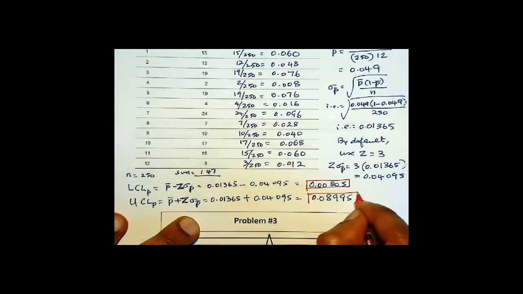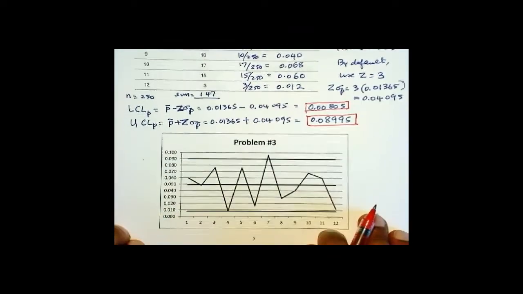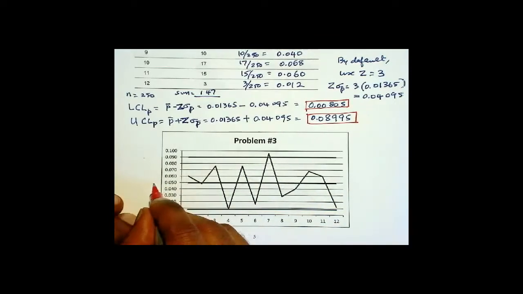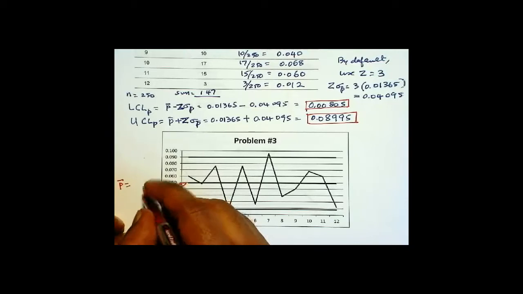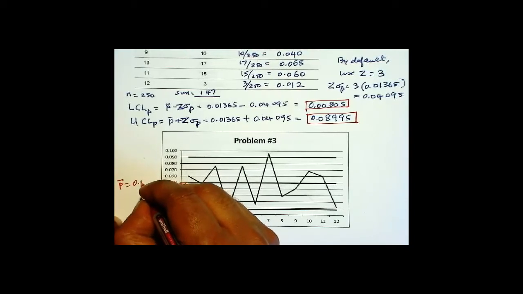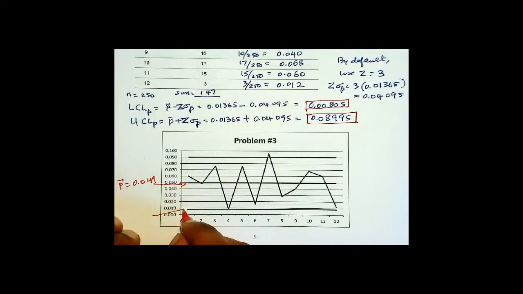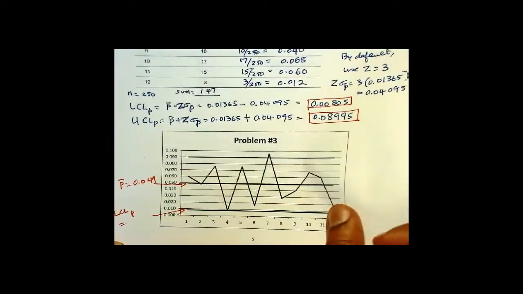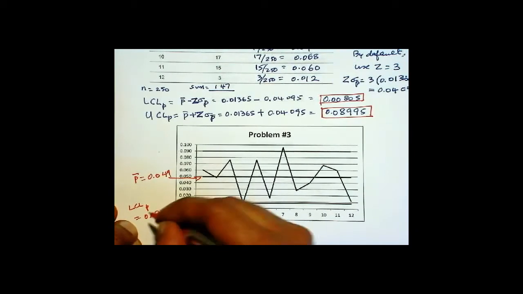Then you plot, and I've already prepared the plot here. So that is P bar, 0.049. That is the lower control limit for P, which is 0.00805.